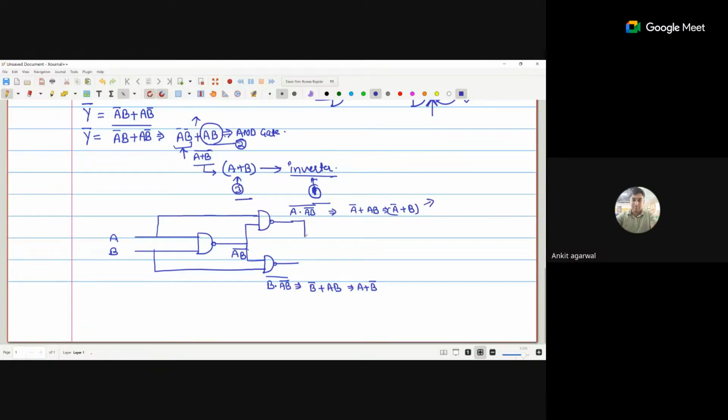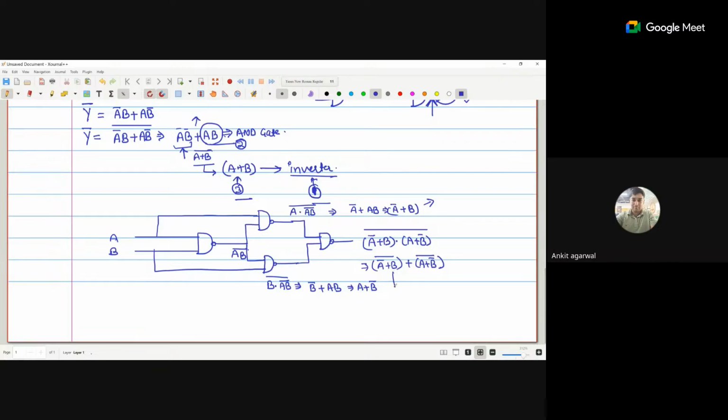Now if I do one more, it is A bar plus B·(A plus B bar) whole bar. So that is A bar plus B bar plus A plus B bar.